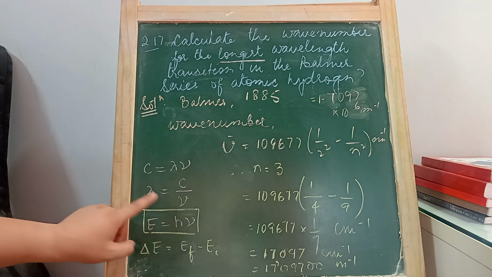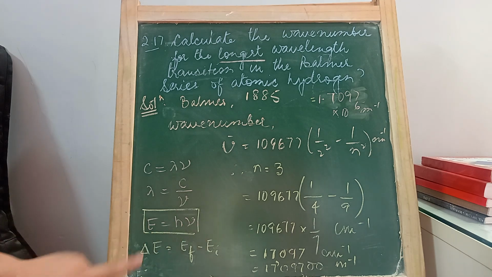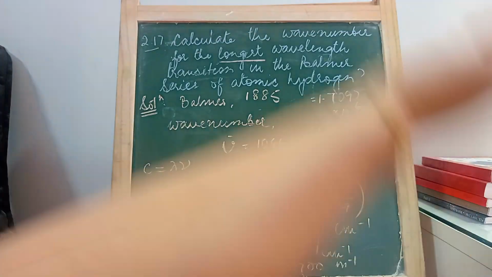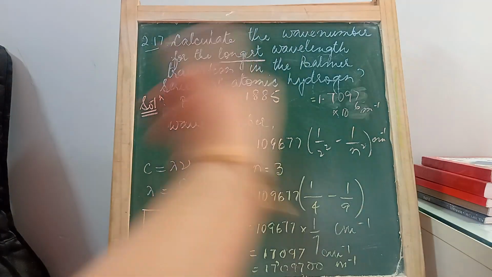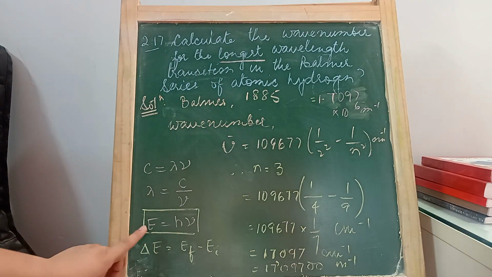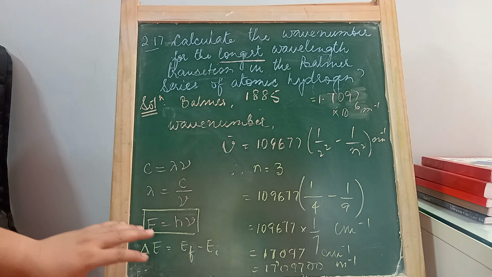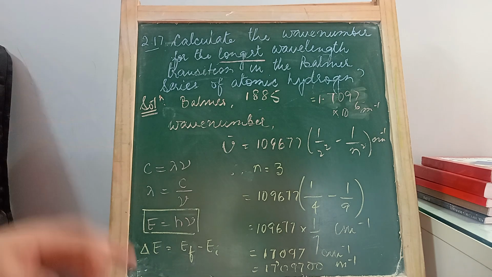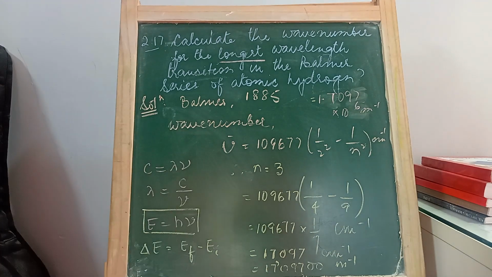And how is frequency related to the energy that is generated when an electron jumps from a higher orbit to a lower orbit? Its energy comes in the form of a photon, and the energy in one photon is given by Max Planck's equation, E = hν, where h is Planck's constant and ν is the frequency.